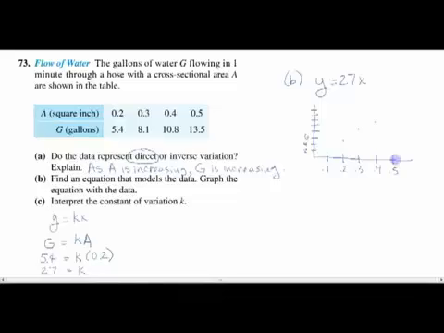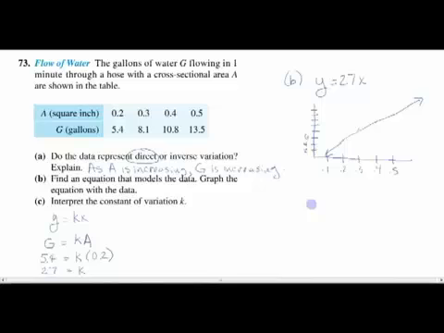And for 0.5, 13.5. So let's see, 6, 8, 10, 12, 14. This would be 13, about 13.5. And we were over here at the 0.5. So you can see the line that results here. And if we would graph the y equals 27x equation, we would have that same line.